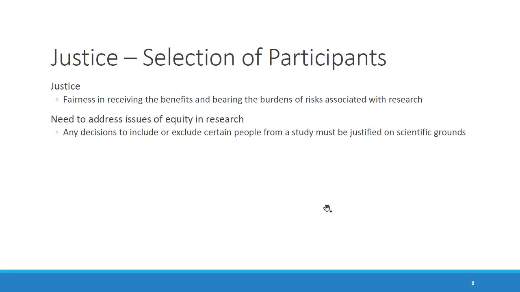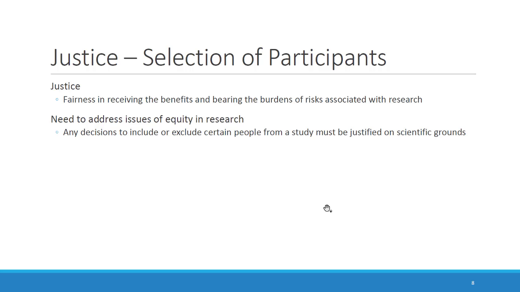Okay, so the third principle is justice, and this has to do with selection of research participants. The idea is that there should be fairness in receiving the benefits and bearing the burdens associated with research, so that we're not researching only white males, for instance, that we are also researching people of color, different racial and ethnic backgrounds, all different types of individuals, so that we can have those individuals benefit from the results of that research.